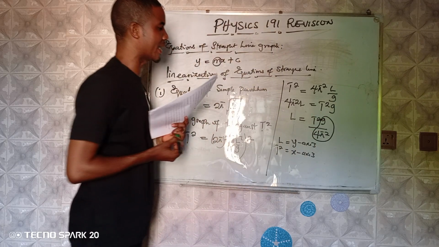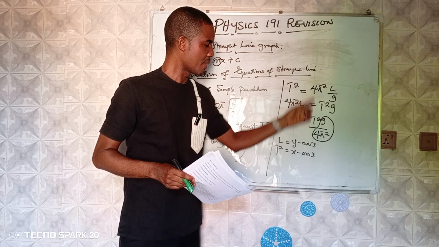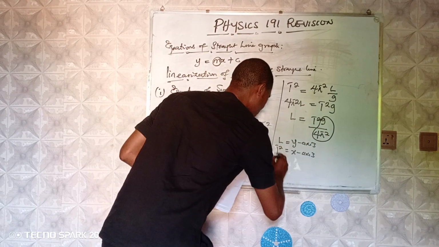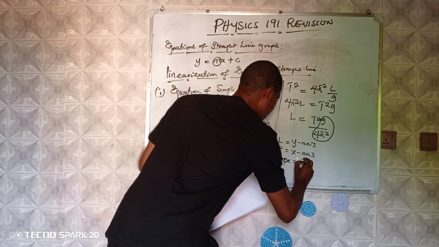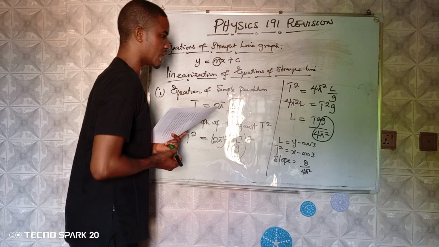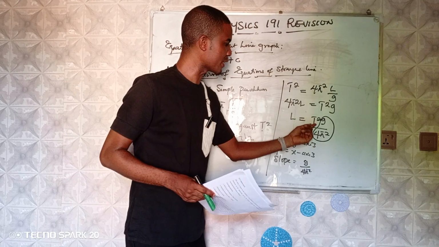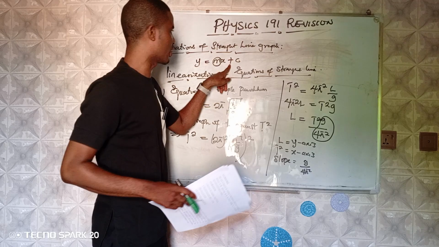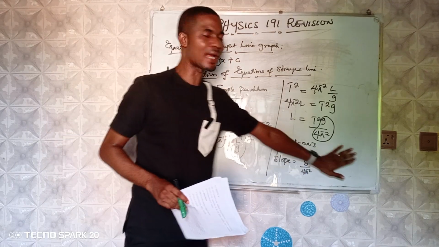G over 4 pi squared is attached to our x by virtue of multiplication, so they are going to form our slope. Now, there is nobody attached to the T squared axis by virtue of plus or minus. Hence, we don't have intercept.